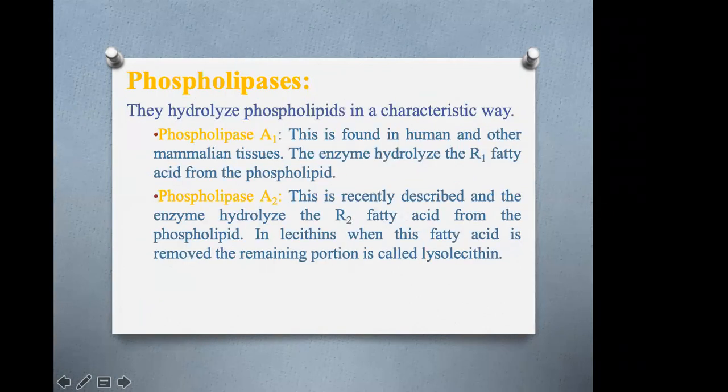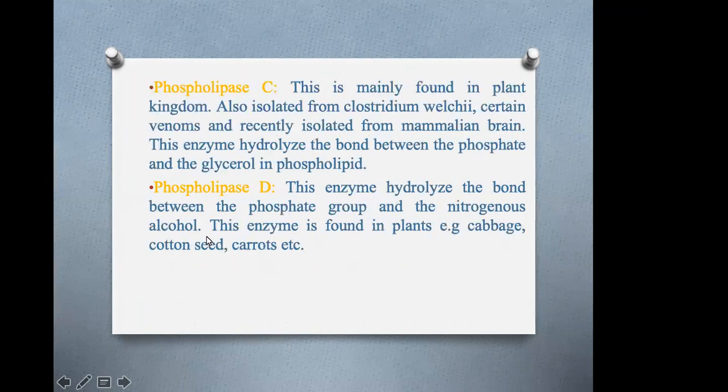Phospholipases help in degradation of phospholipids. These are different enzymes which work at different places. Phospholipase A1 hydrolyzes the R1 fatty acid from the phospholipid, and phospholipase A2 hydrolyzes the R2 fatty acid from the phospholipid.